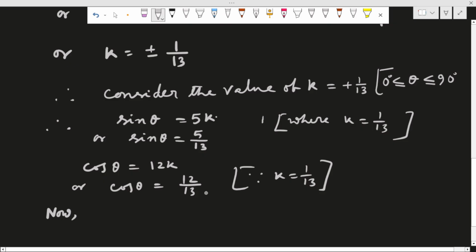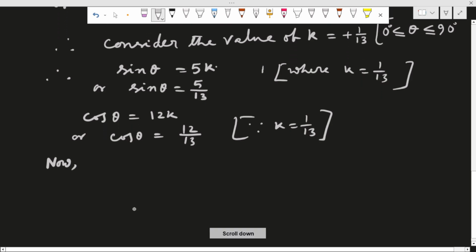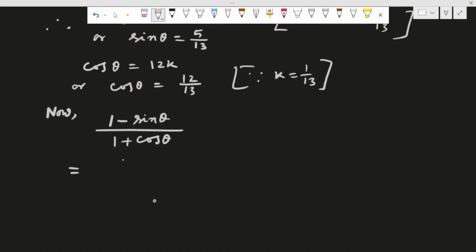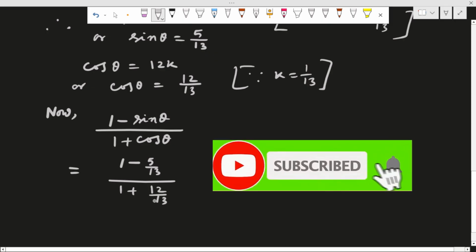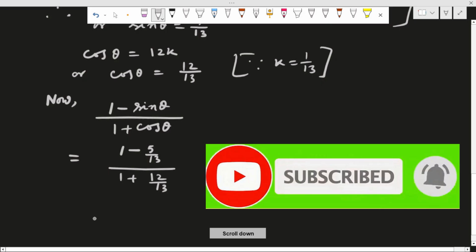Now 1 minus sin theta by 1 plus cos theta is equal to 1 minus 5 by 13 over 1 plus 12 by 13. Now simplify.